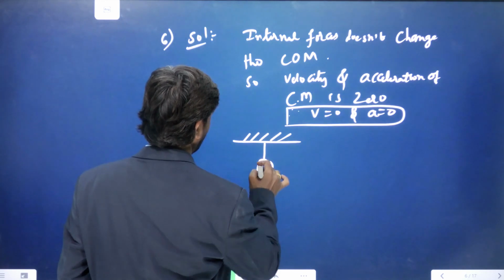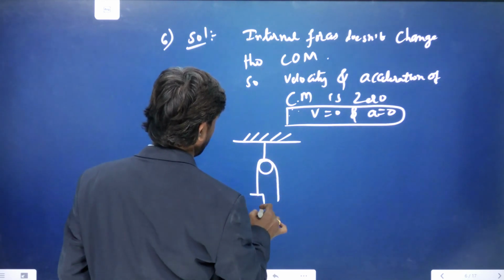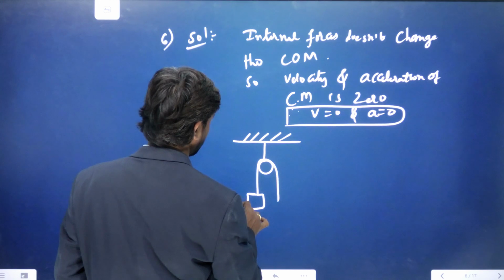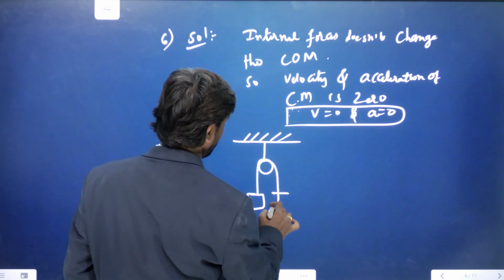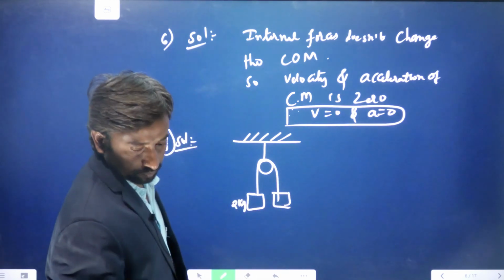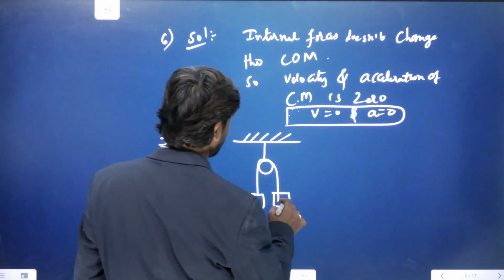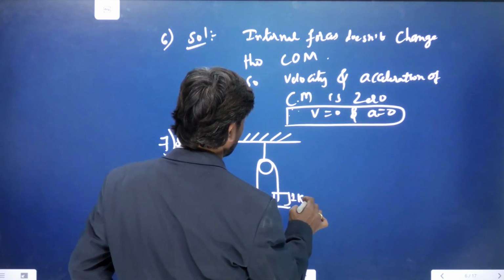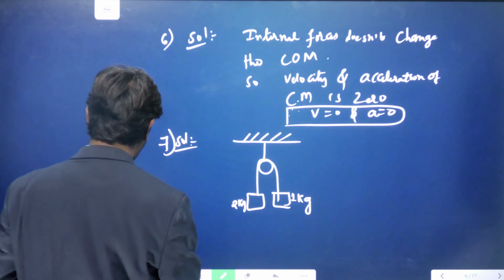There is a pulley. Over the pulley, by the string, there is a mass of 2 kg placed here and another mass of 1 kg placed here.